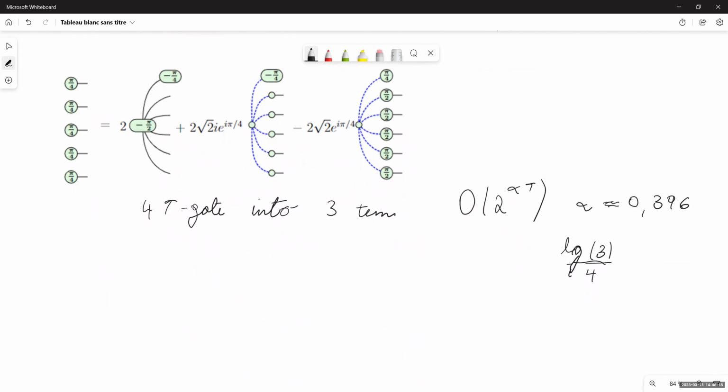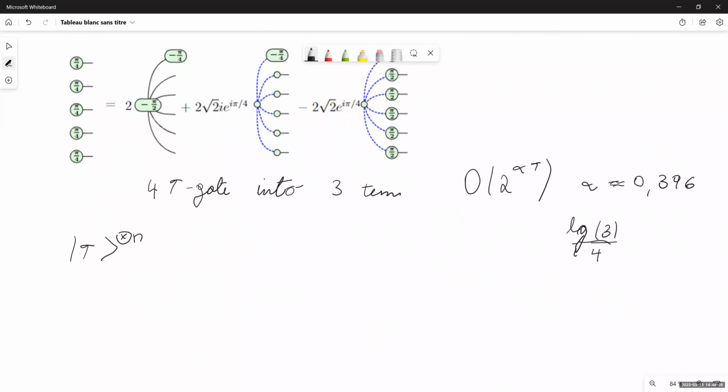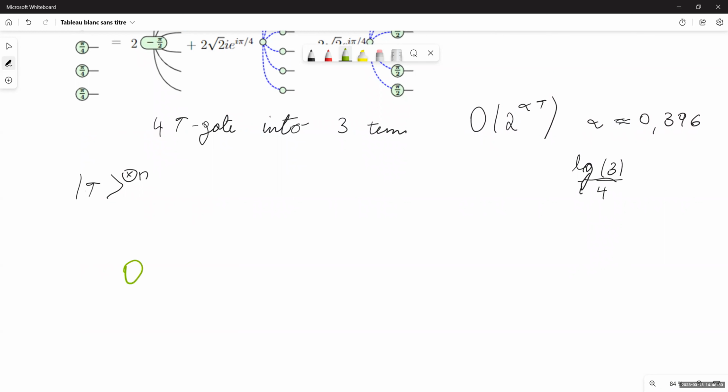So here we see that we always started by decomposing a state that looks like a T-gate tensored n. And that is fully general, because whenever you have a ZX diagram with a bunch of spiders, some of them having T-gates, you can always just fuse out the T's.